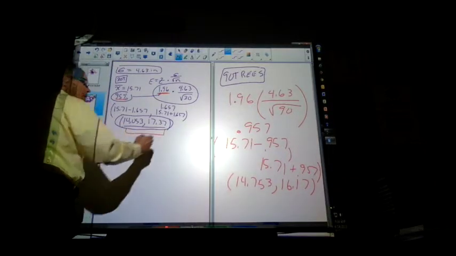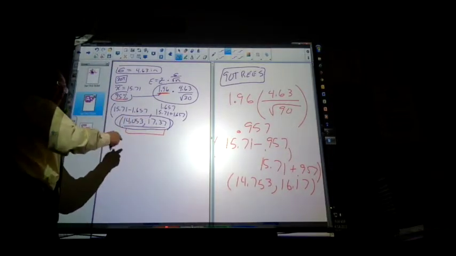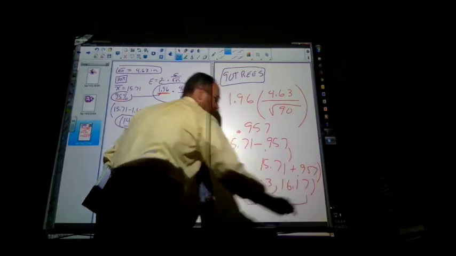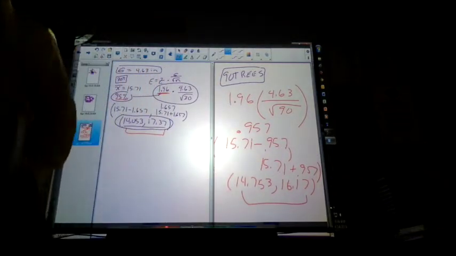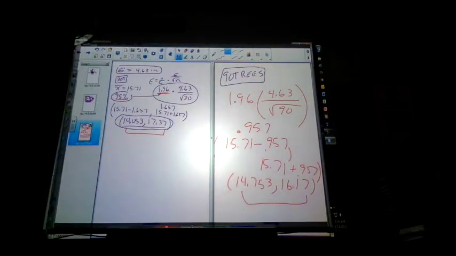So this region, the distance between here, is a smaller amount than here. Why? I'm sampling more things. The more I take at a time, the smaller my region is going to be where I'm not confident.